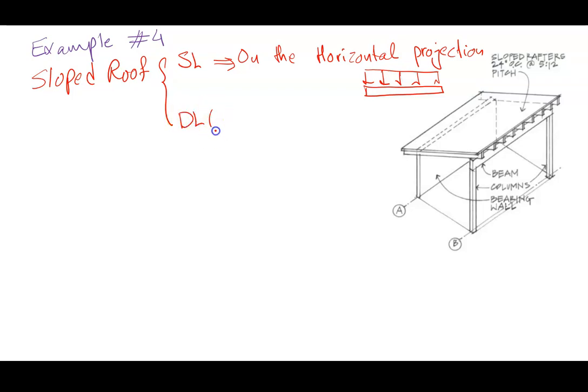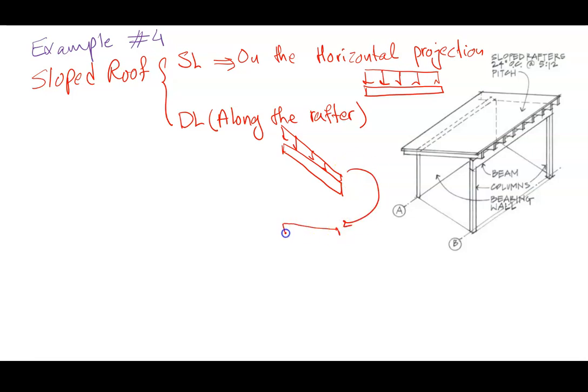But when you have dead load, it's along the rafter. It means that it's on the slope. So it's like this. And it needs to be adjusted to the horizontal projection of rafter. And in order to do that, you need to pay attention to the roof pitch.